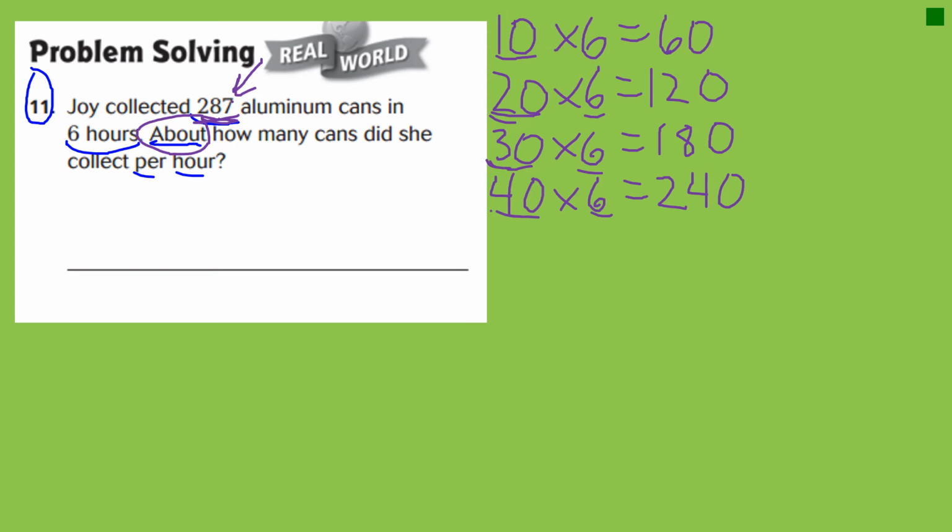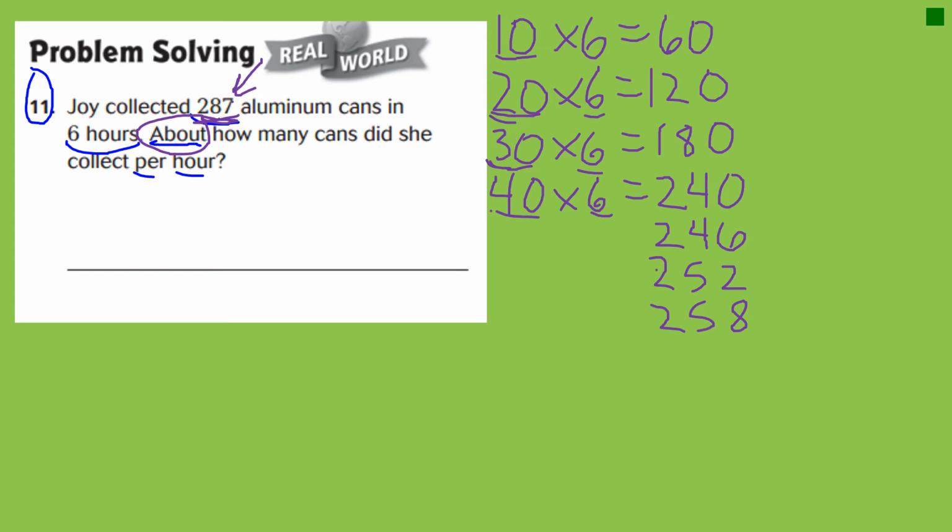So 240 and 6 more is 246, right? 246, 247, 248, okay? You can do this faster, but I think just for now it's okay to do it this way. 258.